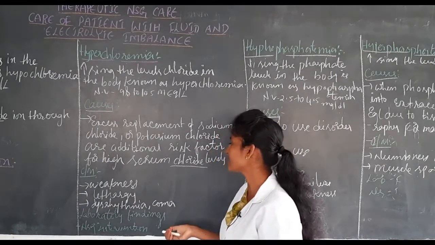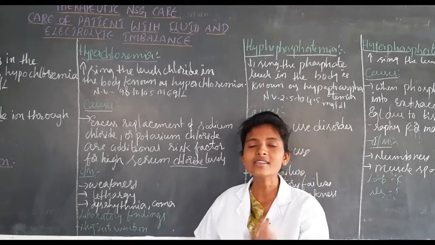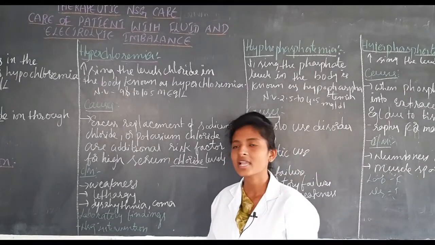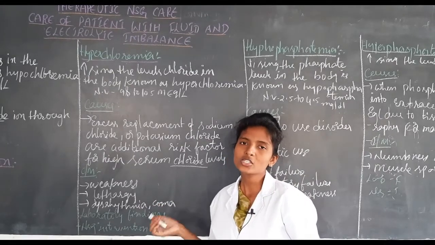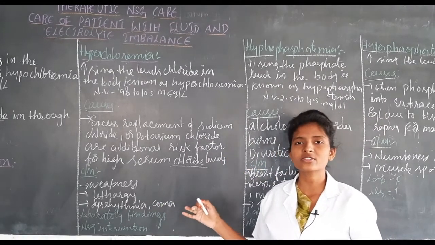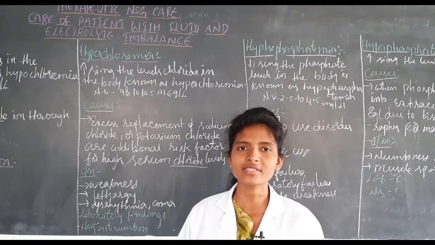And next thing is dysrhythmia. By the name itself we can understand that it is an irregular heartbeat. And next, there is a chance of coma also. These are the clinical manifestations we can see in such conditions. What are those clinical manifestations?